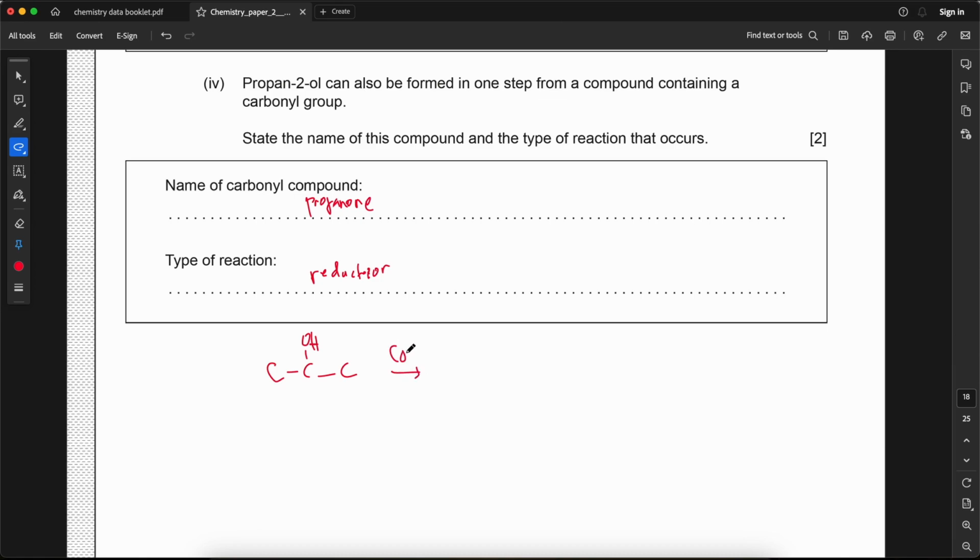When it is oxidized, it will produce ketone. So the opposite way, which is reduction, will produce secondary alcohol, which is propanol. So propanol can also be formed in one step through a reduction reaction.